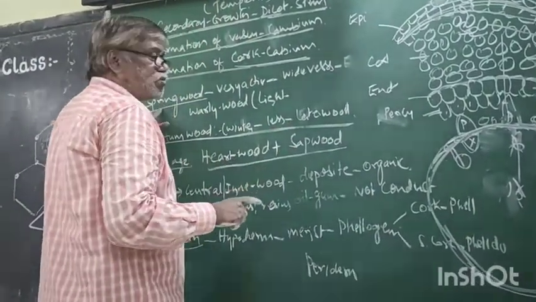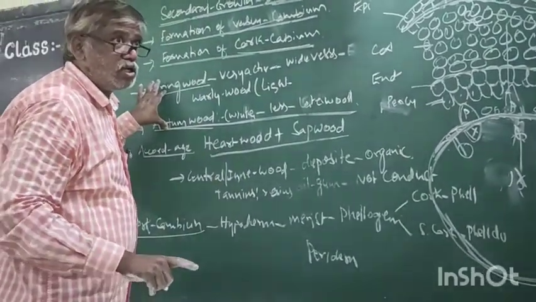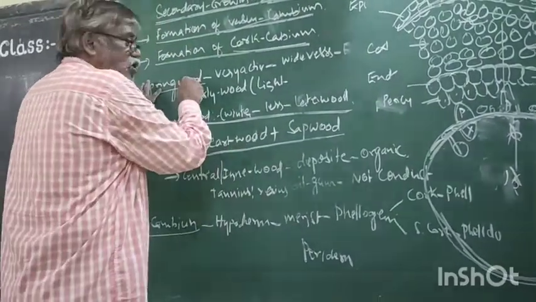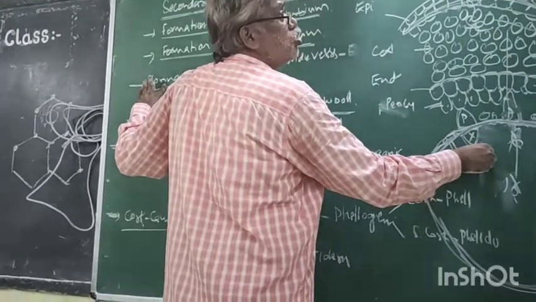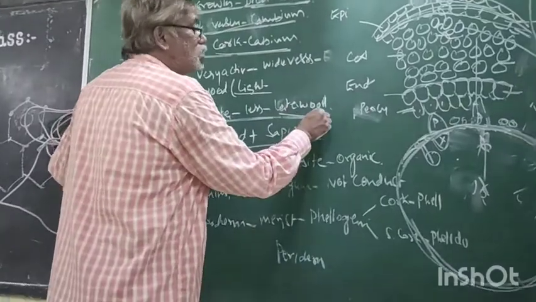Now, springwood and autumnwood are based on external factors. The springwood has a large lumen and is light in color, hence it is light.